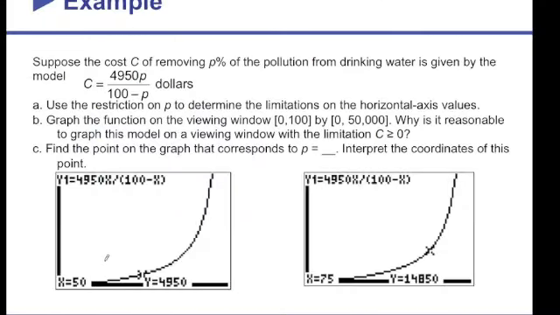So here we have our completed graph, and then we have for x equals 50, we come out with 4,950. That means to remove 50% of the pollution costs $4,950.